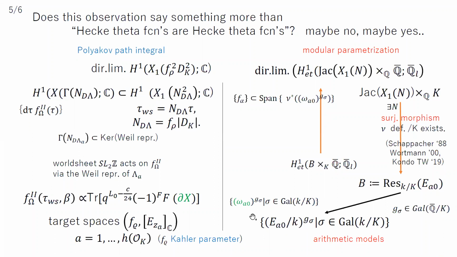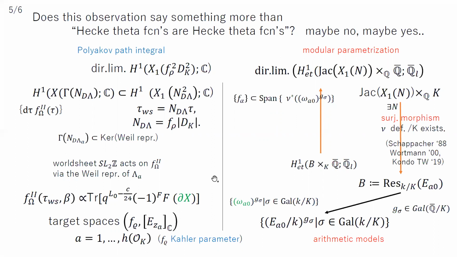And then the one form on the target space can be pulled back by the projection morphism, defined over the field of rational numbers, back to the Jacobian. And then they become the generator of the representation space. That's another alternative characterization. So the modular forms here are the pullback of the target space one forms. That's another way to think of those modular forms in the context of arithmetic geometry.